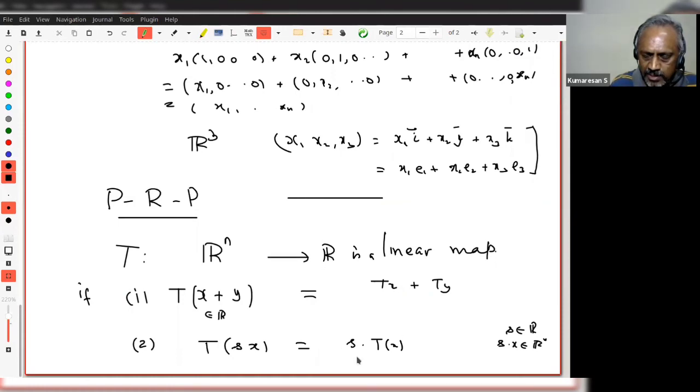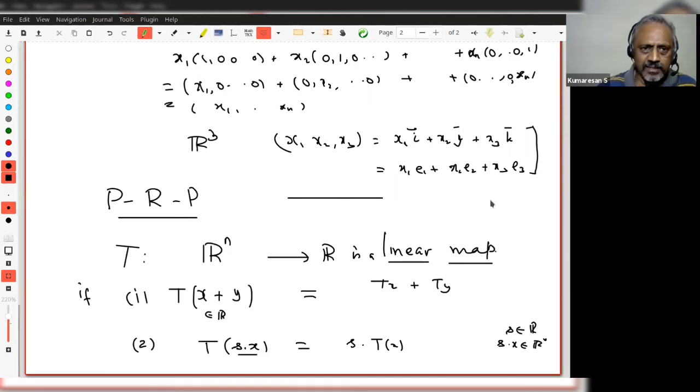This is ordinary multiplication of two real numbers, whereas this is the scalar multiplication which we defined: s dot x is s times x1, s times x2, up to s times xn. That is an n-tuple. So when T acts on that, I want this to be a real number. Then I call any such map T which satisfies these two conditions a linear map.